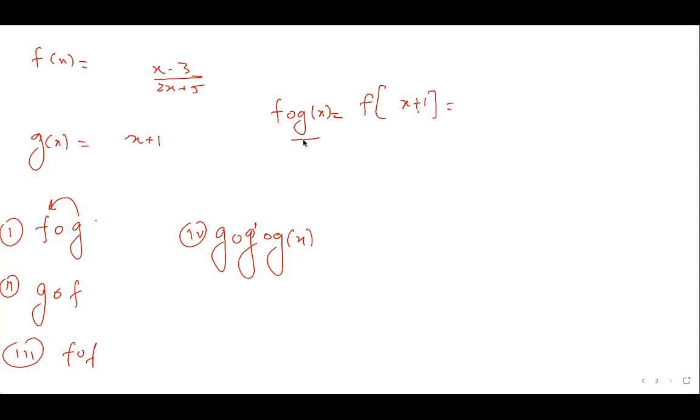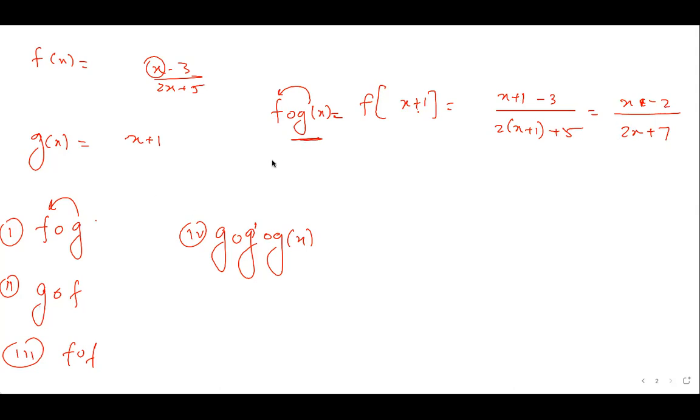Since g of x is x plus 1, you have to find f of x plus 1. How will we find f of x plus 1? When I replace this x with x plus 1, it'll be x plus 1 minus 3 upon 2 times x plus 1 plus 5. Of course, you need to simplify this. So you get x minus 2 upon 2x plus 7, because when we open this up, you get 2x plus 7. So that's your f of g of x.